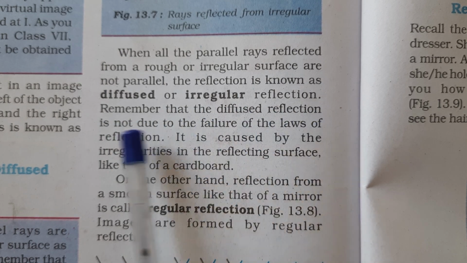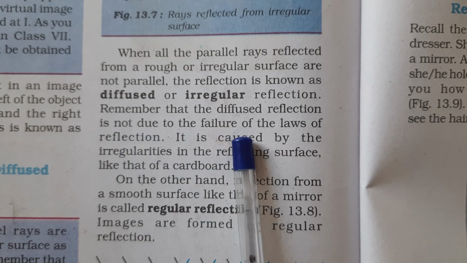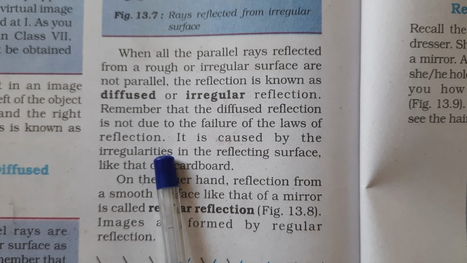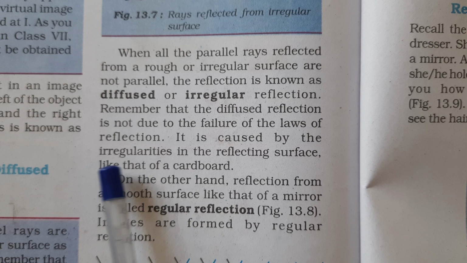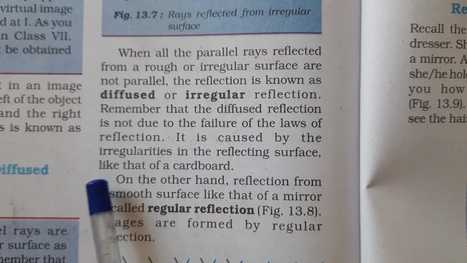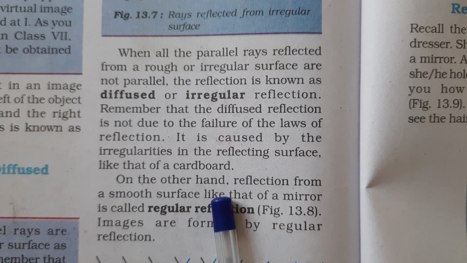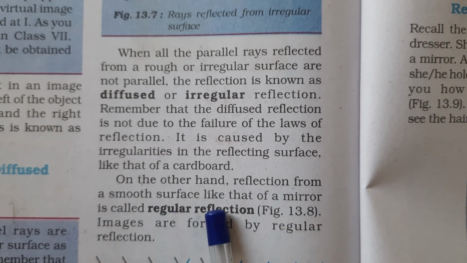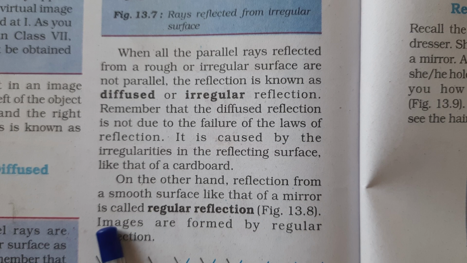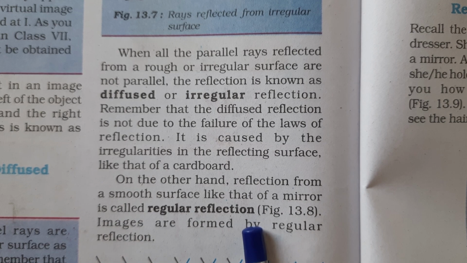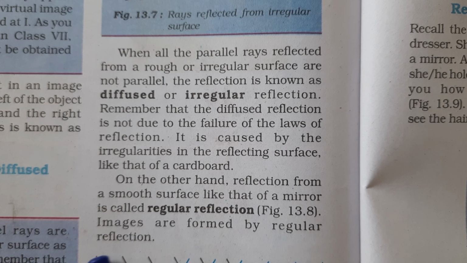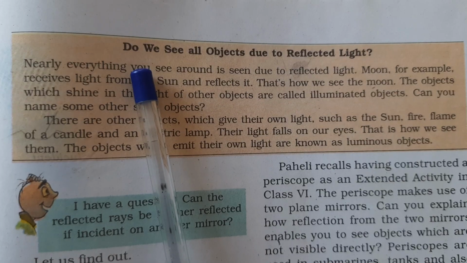Remember that diffused reflection is not due to the failure of the laws of reflection. It is caused by the irregularities in the reflecting surface, like that of a cardboard. On the other hand, reflection from a smooth surface like that of a mirror is called regular reflection. Images are formed by regular reflection.